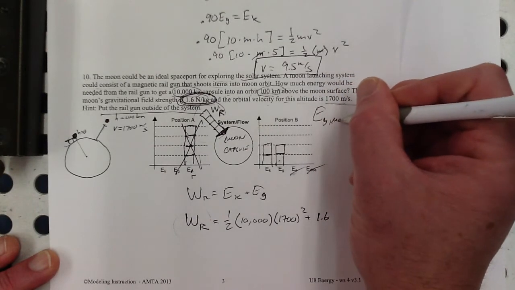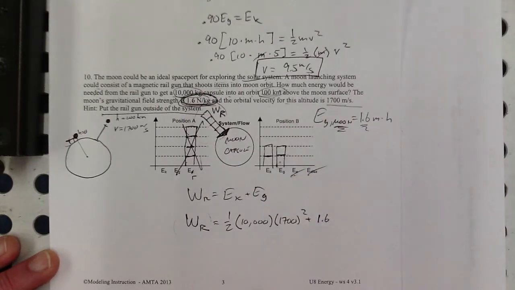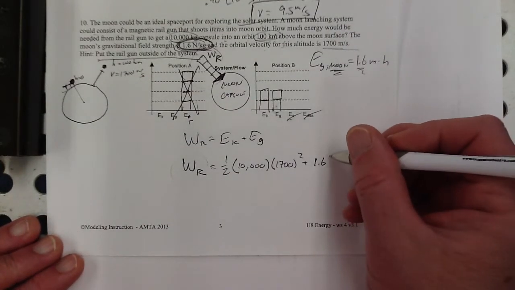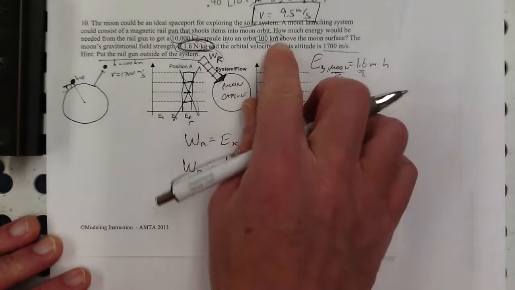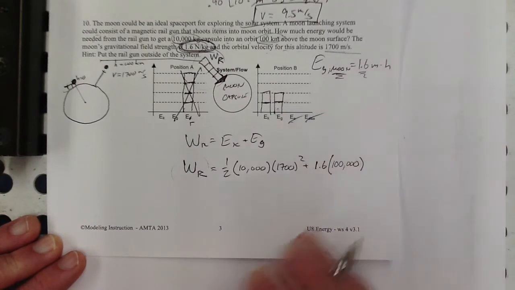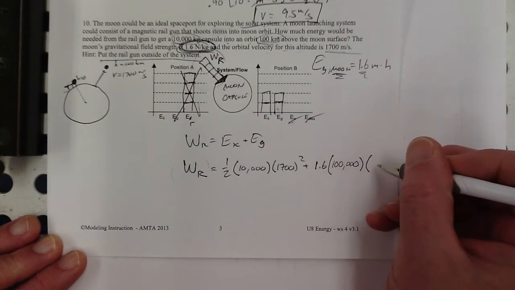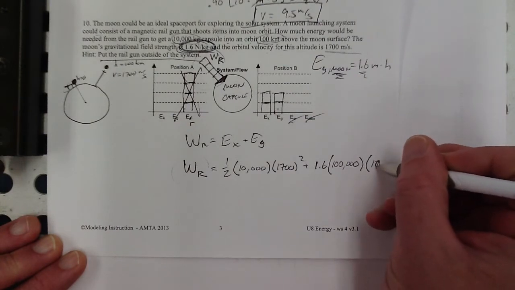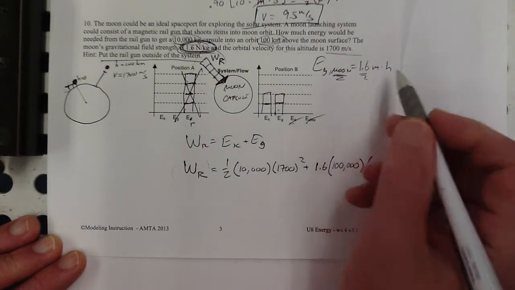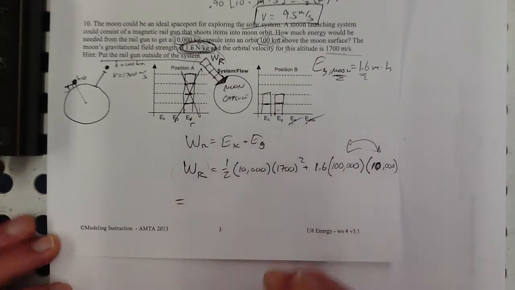Gravitational potential energy on the moon is 1.6 mh, right? 10 is our local number for our gravitational field strength. So I got 1.6 times 100 kilometers, which is 100,000 meters. Oops, I'm getting the m and the h backwards. And then the mass of it is 10,000 kilograms. So if you're trying to match this up to the 1.6 mh, I put those in the wrong order. But of course, it's just multiplication, so that's okay.